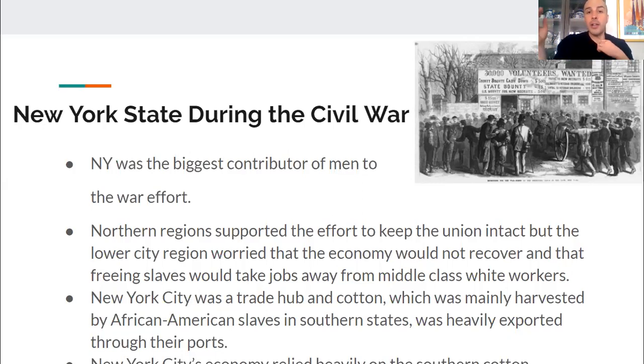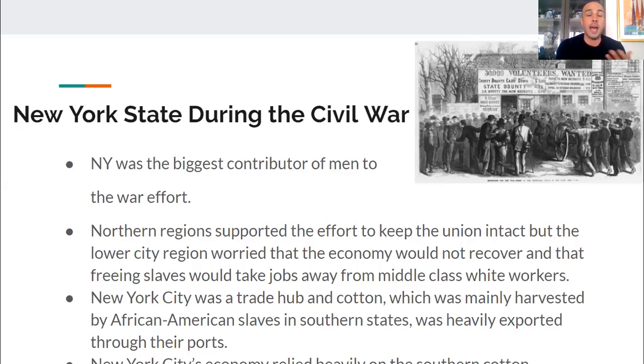So higher class citizens supported the effort, but it was the middle class who really worried that the economic instability of the war and then freeing slaves, who would then create competition for middle class jobs, could be detrimental overall to the country and to the economy of New York City specifically.